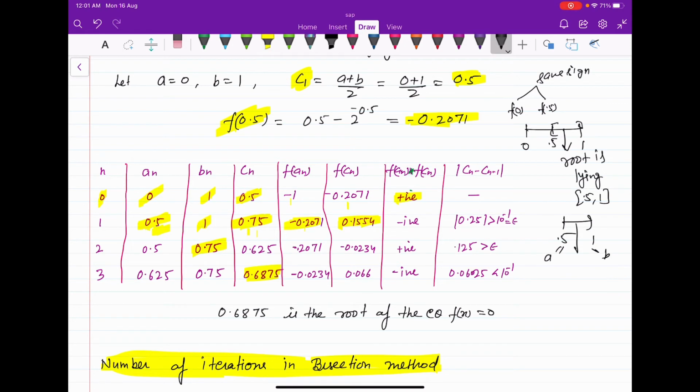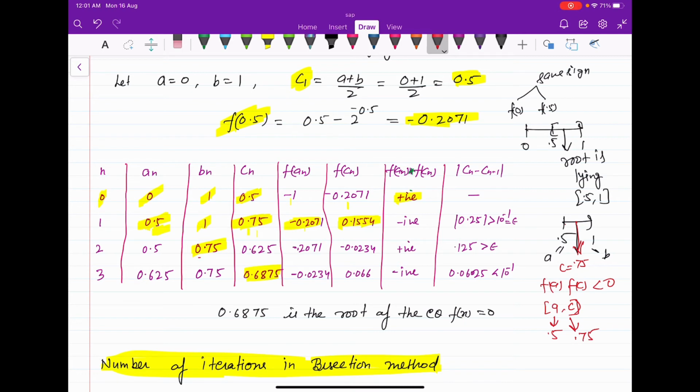So what we have done? We have again divided this interval at the midpoint, this is your c. Since f of a times f of c is less than 0, the root is lying between a and c. A is already given as 0.5, c we have computed, that is 0.75.